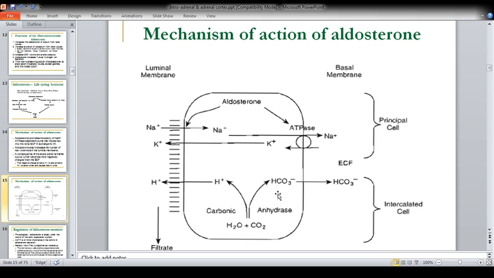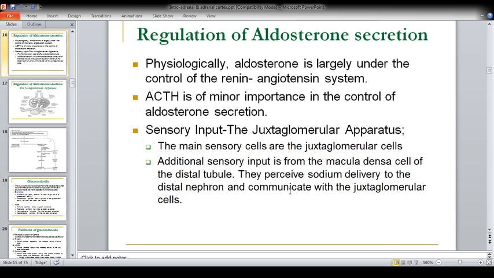That would make urine more acidic, but that urine is to be excreted out of the body, so that does not cause a problem. Whereas if this hydrogen accumulates in the blood, it would cause acidity, known as renal acidosis, and that is a serious condition. Acid-base balance is properly maintained in the body, and any disorder of acid-base balance can prove to be fatal. So bicarbonate ion is moved inside, hydrogen ion is moved outside.